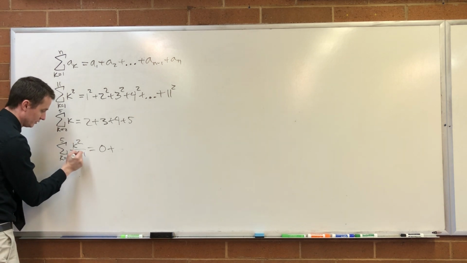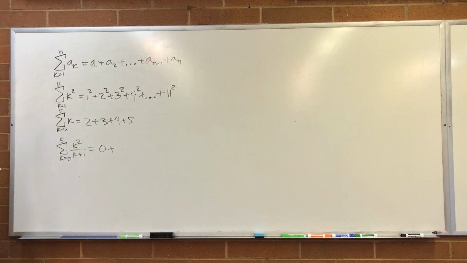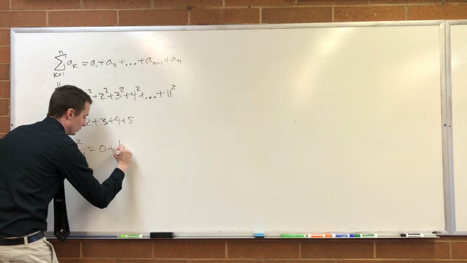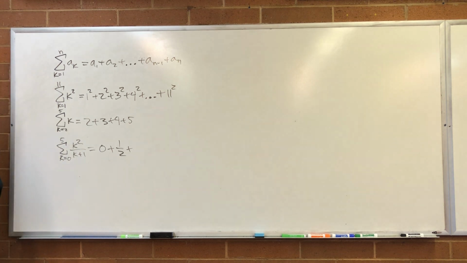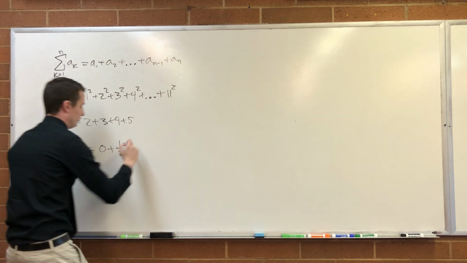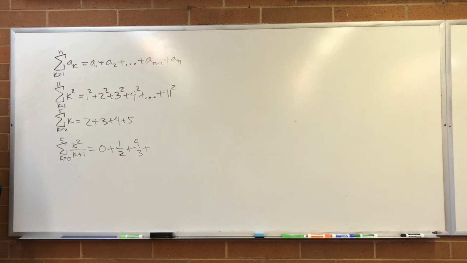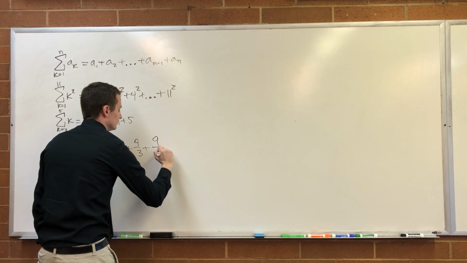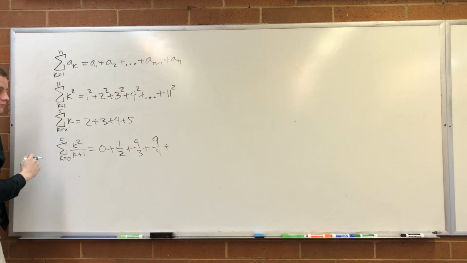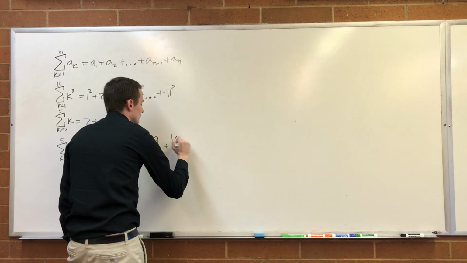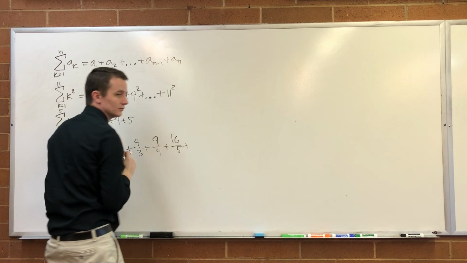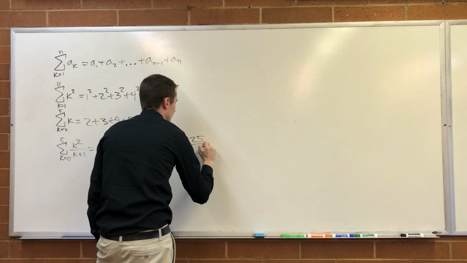He did plus 1, so it still starts at 0. Plus 1, and a half. Plus 1, yeah. Perfect. 4 thirds, 9 fourths, 16 fifths, 25 sixths. Perfect.